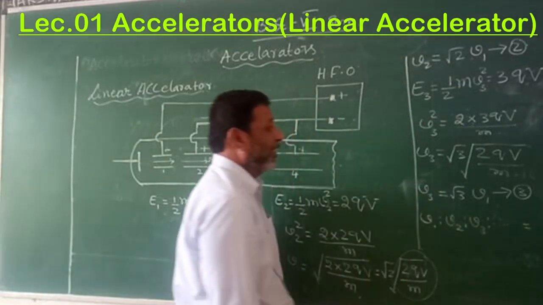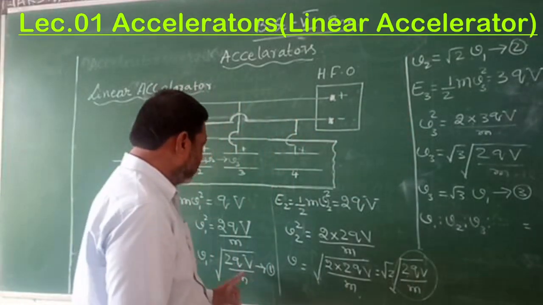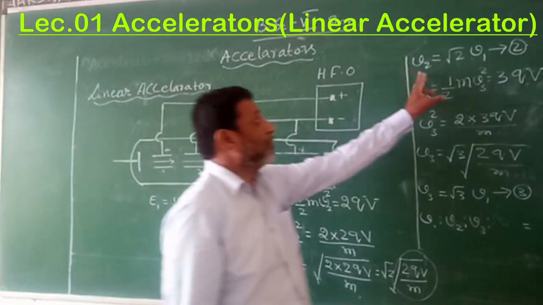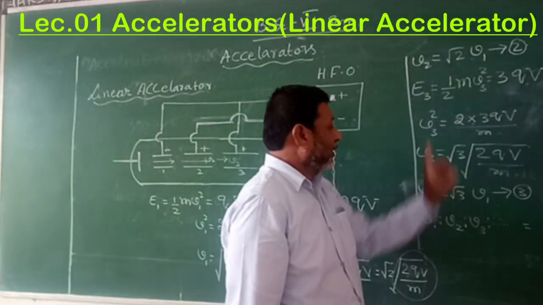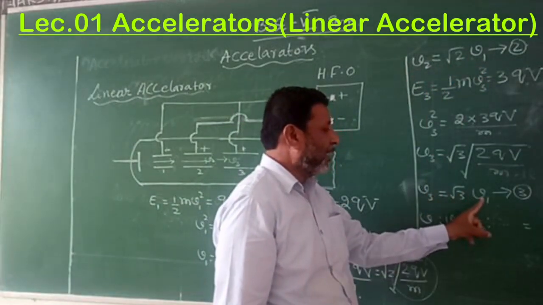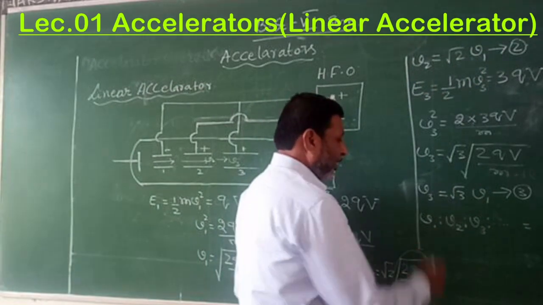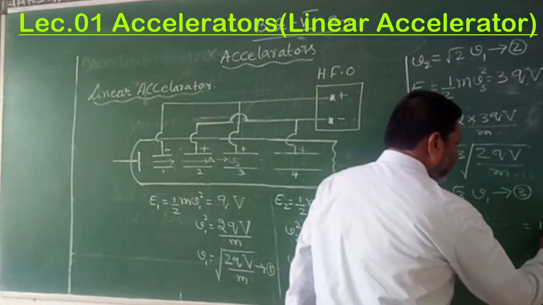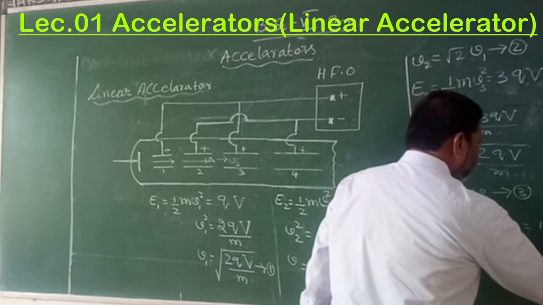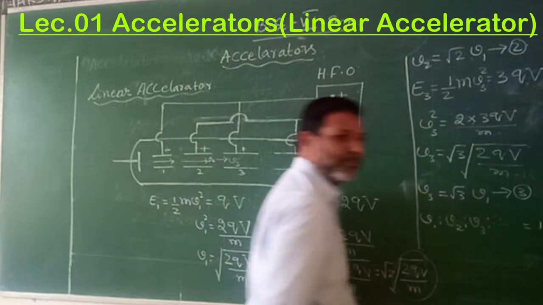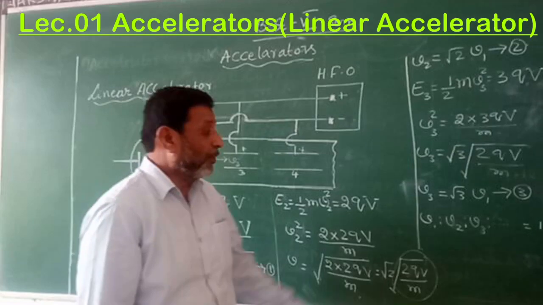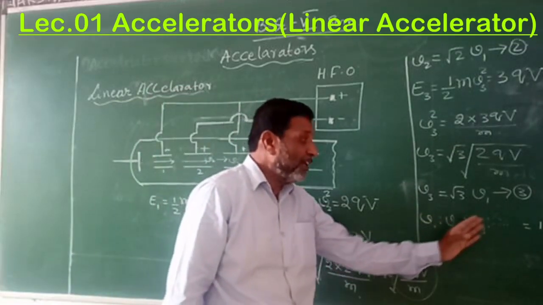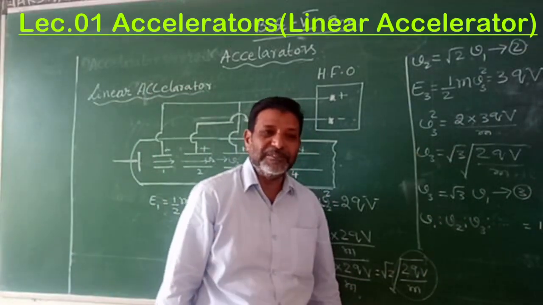V2 is equal to root 2 times V1. Then V3 is equal to root 3 times V1. So V1 is to V2 is to V3 is equal to 1 is to root 2 is to root 3 and so on. This is what we did here. Therefore, this is the way in which the velocities are increasing.